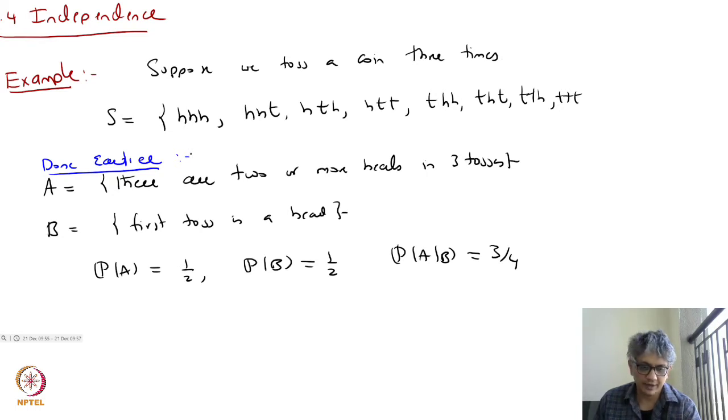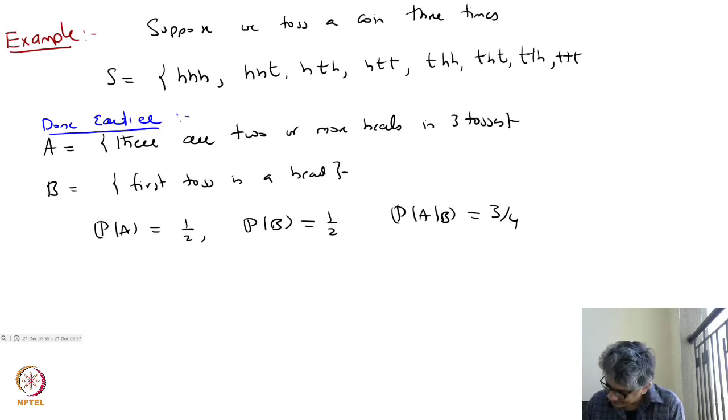Now I want to discuss events where the occurrence of one doesn't affect the occurrence of the other. So now let me do another example.